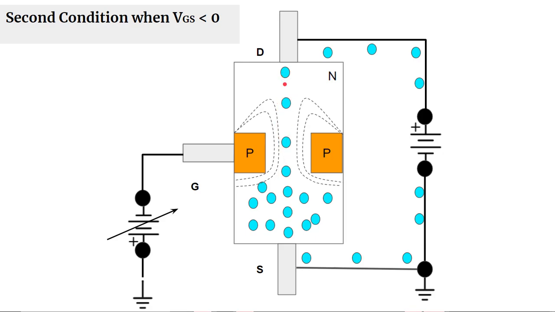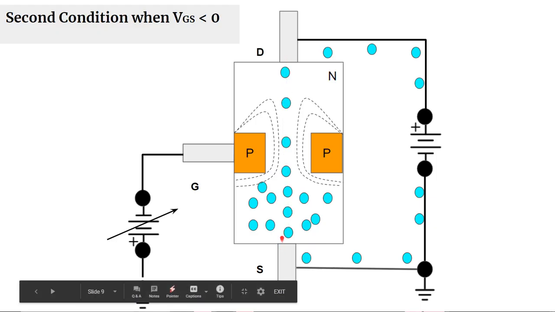They will become so close to each other that the junction on the right side and the junction on the left side will completely block this channel. At this point, the JFET will go into the cutoff region and no current will flow through the JFET from the drain towards the source.